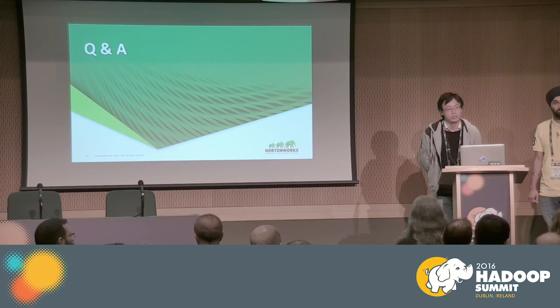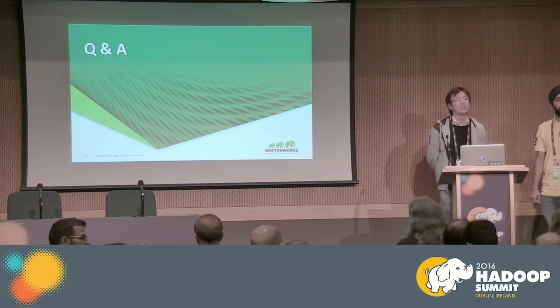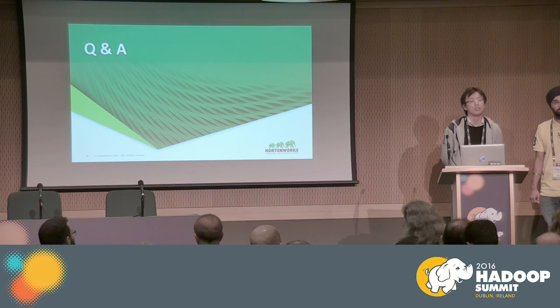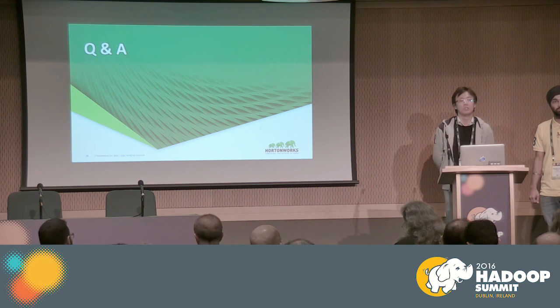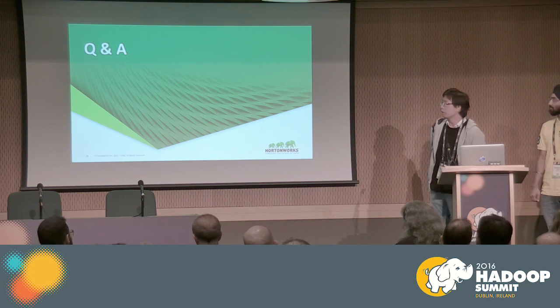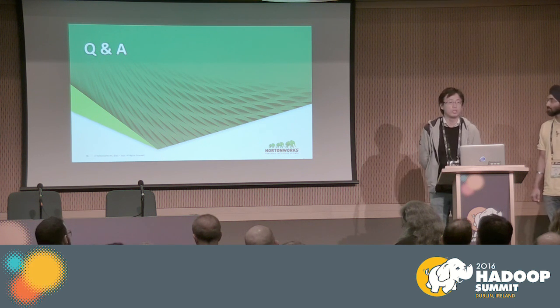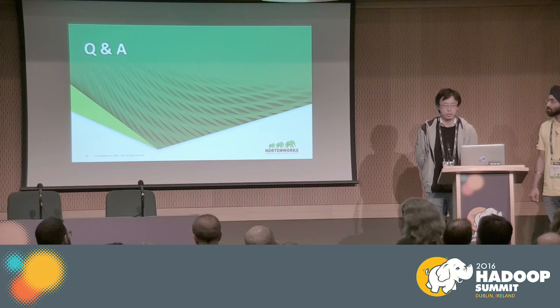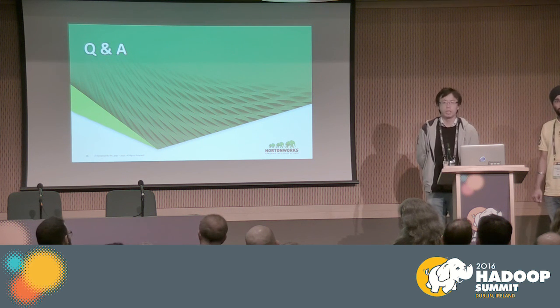How does Livy compare with the Spark job server? What are the pros and cons? When we started this project, we did some investigation to compare Livy and the Spark job server and the Apache tutorial.